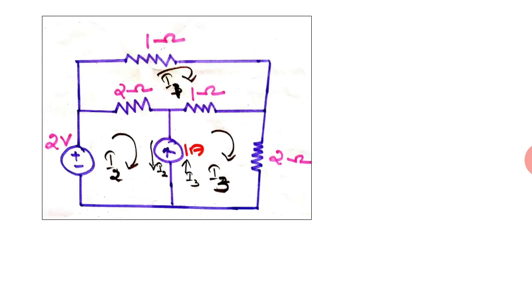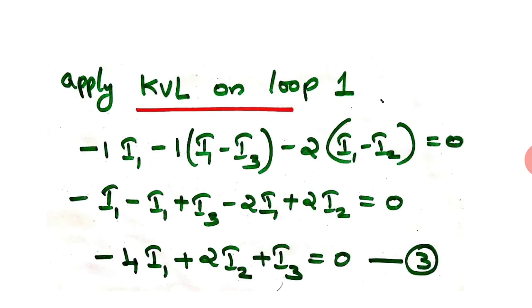Then the third equation we want to formulate by considering this loop, that is 1, 1, 2, this loop, this mesh, our first mesh I1. So the third equation is formulated by applying KVL on loop 1.